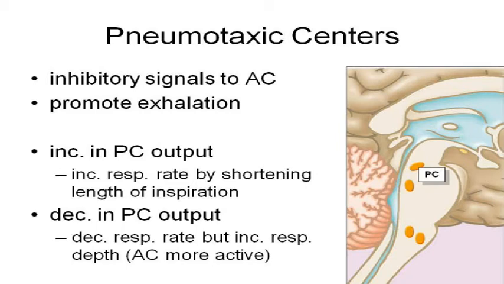Don't do that. Since this is going to fire normally, or fewer signals are being sent, this even fires less than normal. You can increase rate of respiration, but not depth of respiration. So it all depends. You have many breaths, but they're shallow.